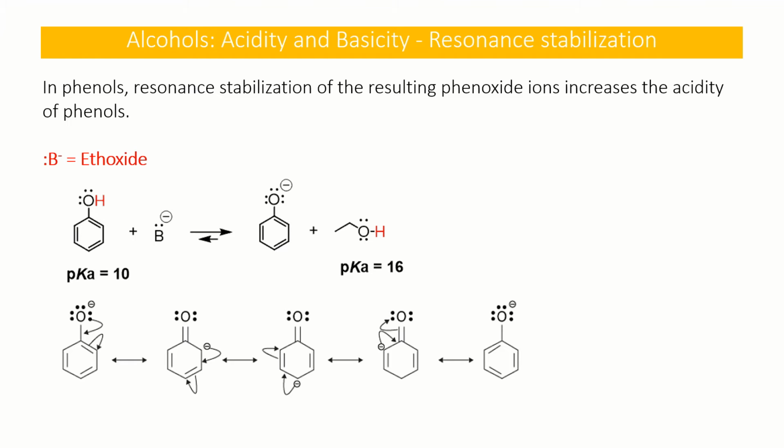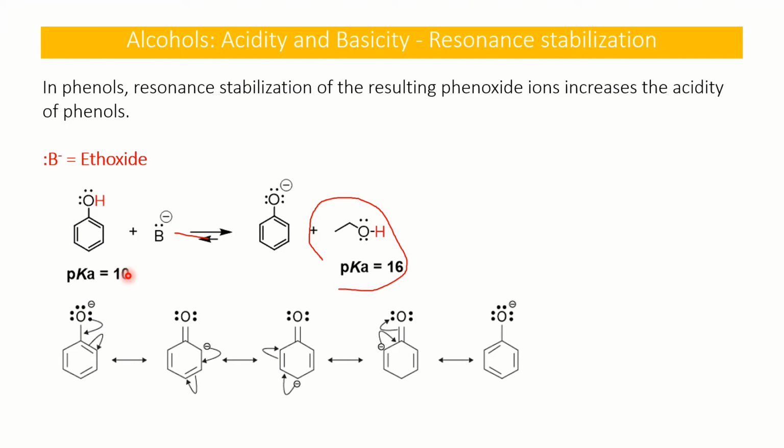When we compare a straight acyclic system, for example ethanol, and you compare it to the phenol, you can see the phenol is a much stronger acid than the ethanol.